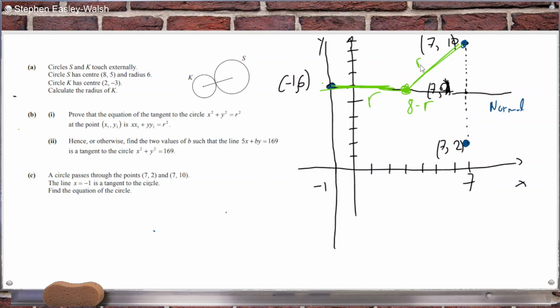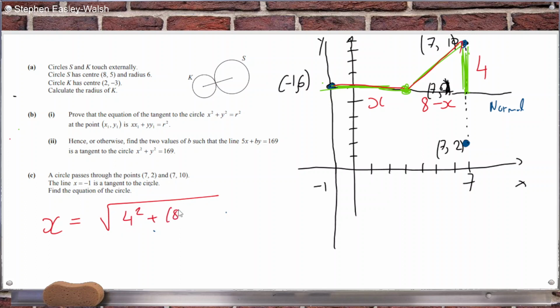Actually, I won't use the letter r just yet; I'll just say the letter x. We'll call this distance x, and this distance here will be 8 minus x, and that distance there is 4. So this distance should equal this distance here. So we have x equals the square root of 4 squared plus (8 minus x) squared.